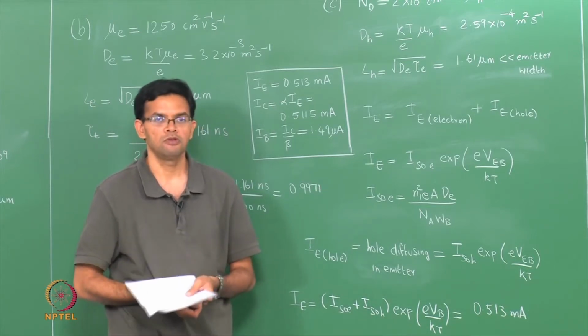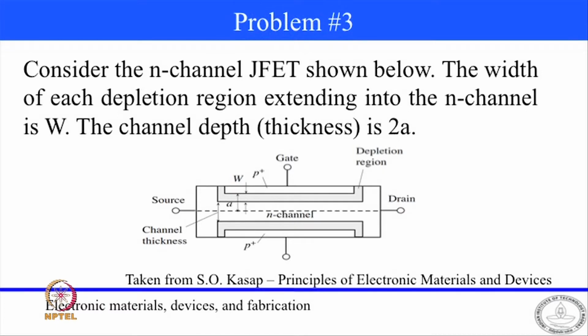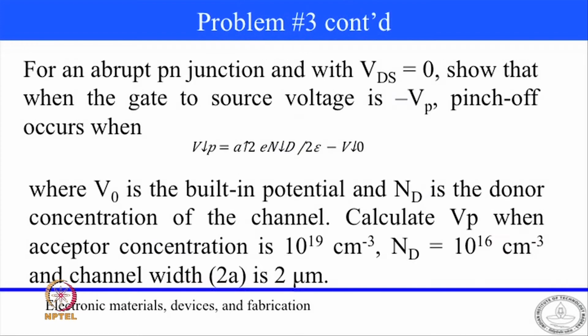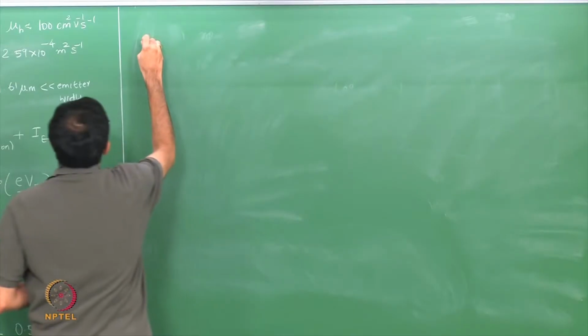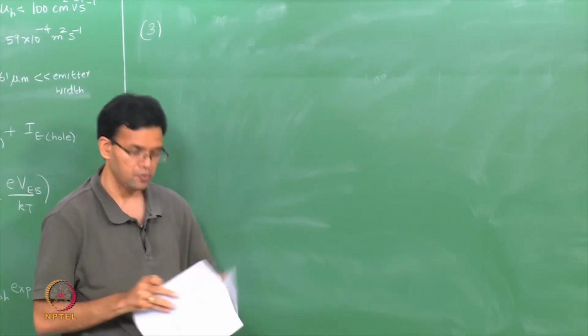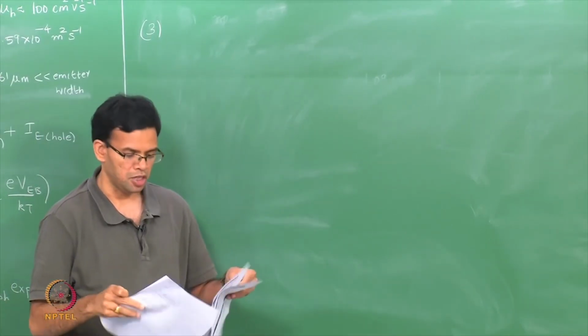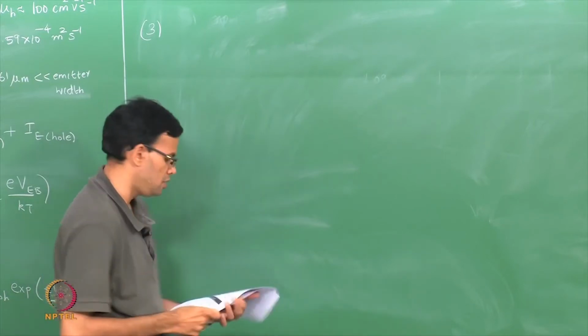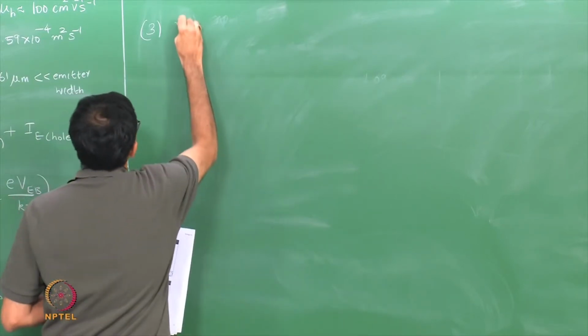Let me now move to problem 3. In problem 3, you essentially have a junction field effect transistor. So, you have an n channel JFET.